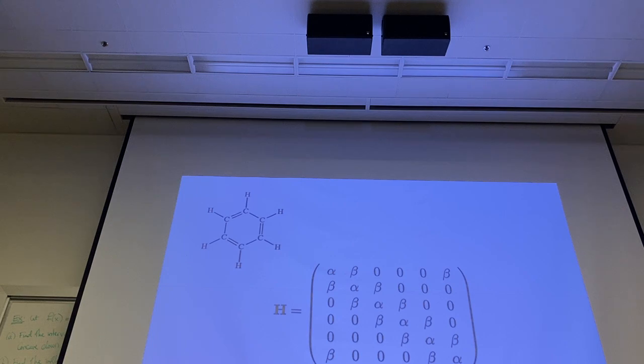On the diagonal, again, the alphas; adjacent to the diagonal are the betas. Then everything else is 0, except, of course, the top right and the bottom left, where there is a beta, because atoms 1 and 6 are neighbors. So those are the non-zero elements of the Hamiltonian matrix.